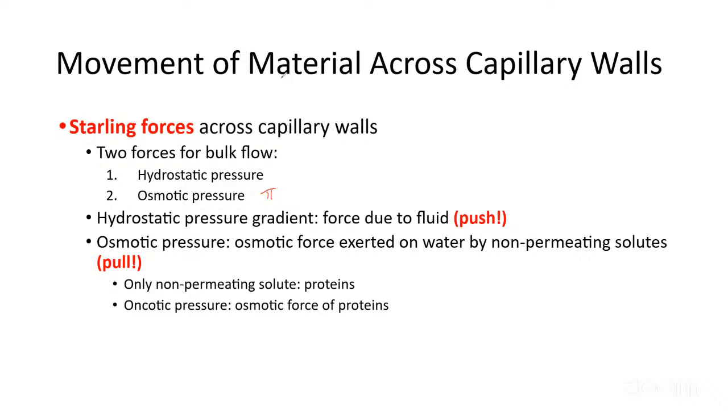So we'll now be thinking more about proteins because we know that the capillary walls can let some of those ions through the gaps. Okay, so osmotic pressure, a pull, right? A pull on water is one of the things we have to think about.